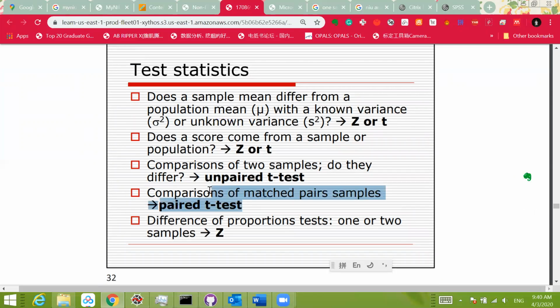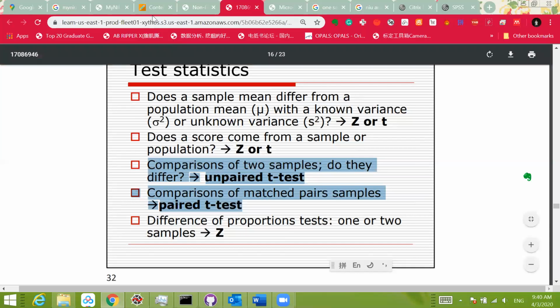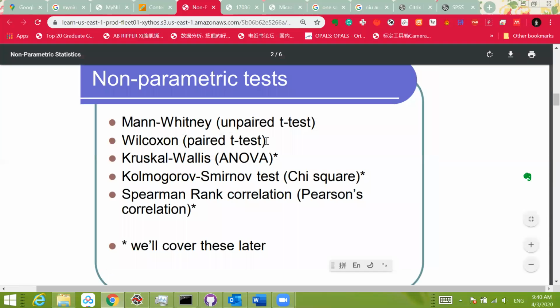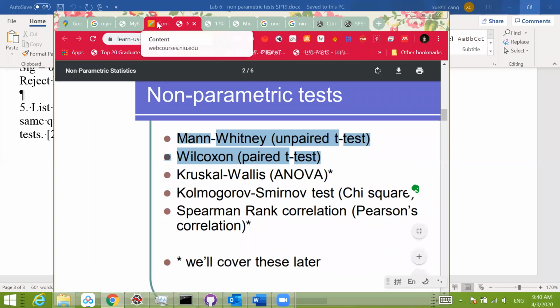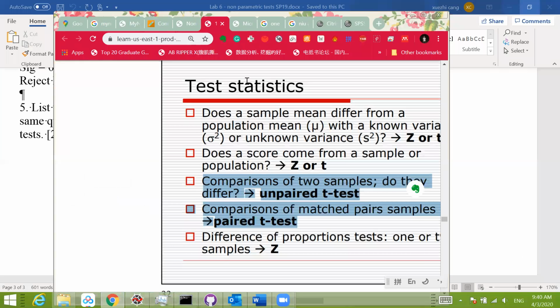Actually, the paired t-test and the unpaired t-test have one common point. They are comparing two samples. So we can also say the non-parametric test we learned this week can compare the difference between two samples.